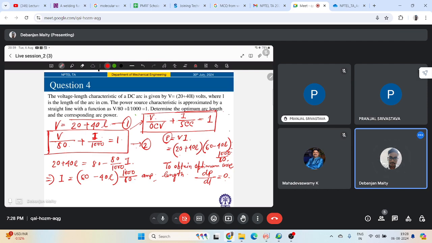If possible, in 5 minutes, I'm giving you 5 minutes, can you tell me what should be my L value after differentiation? You know the P with L relation, and if you do single differentiation, dP/dL equal to 0, what should be my L value?